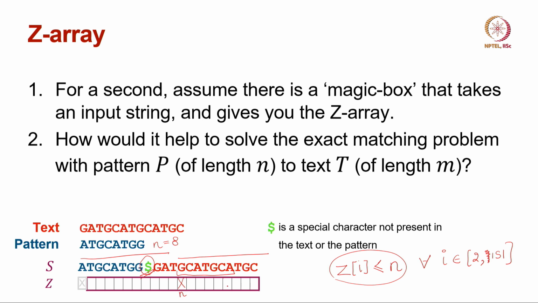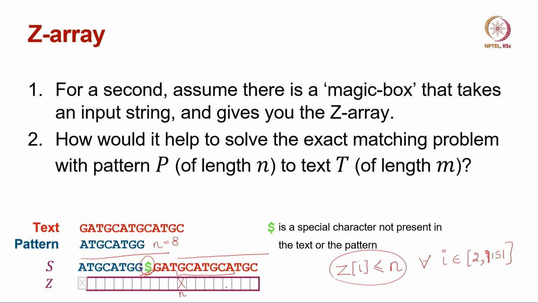So all we need to do is scan the entire Z array and check where the entry 8 occurs, or in general, where the entry n occurs. This gives an intuition that if we have the Z array, then solving the exact matching problem is trivial.